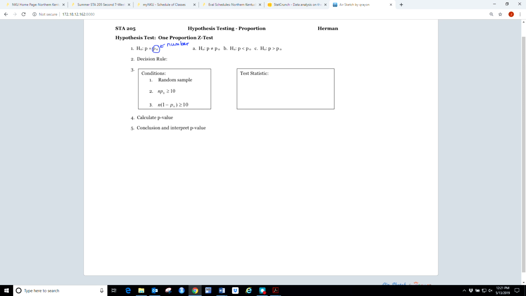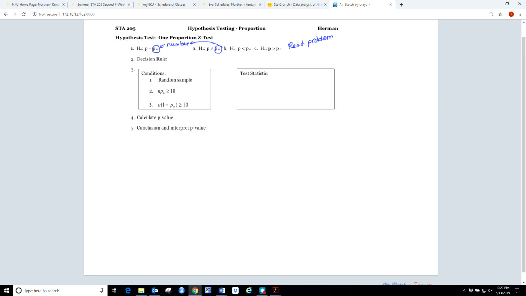For the alternative, there's actually 3 options that I have labeled as A, B, and C. This p0 that you see in each of them is the same as the p0 that you have there. We just have to determine if you're going to do the not equal to, the less than, or the greater than. And how do I decide that? I'm going to have to read the problem to determine what the motivation is.